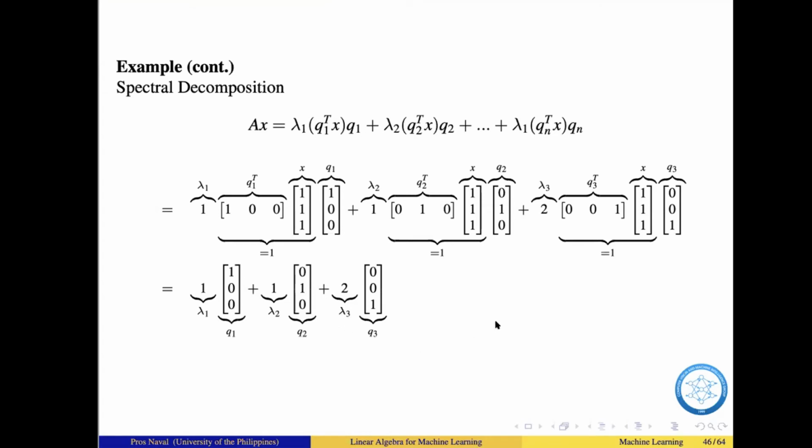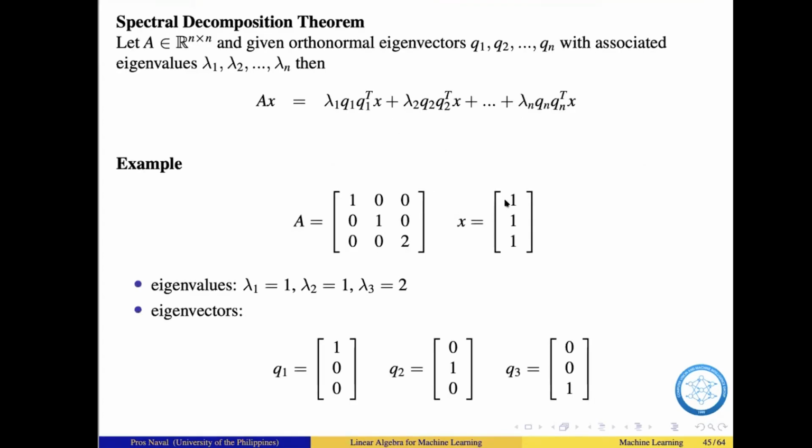Do you get that? Again, you have a vector 1, 1, 1, and the eigenvalues are 1, 1, and 2. This means that if you multiply A by X, you get a stretching in this direction. Okay, so you don't stretch this.